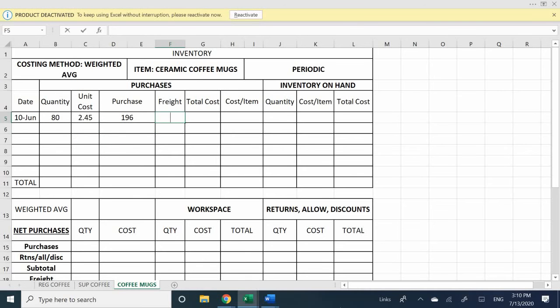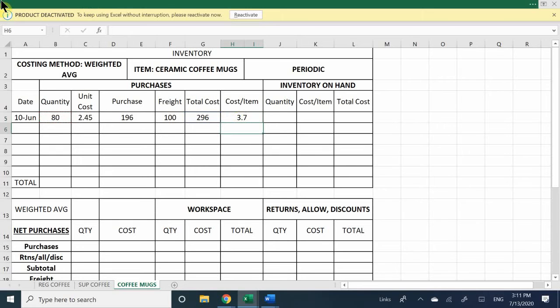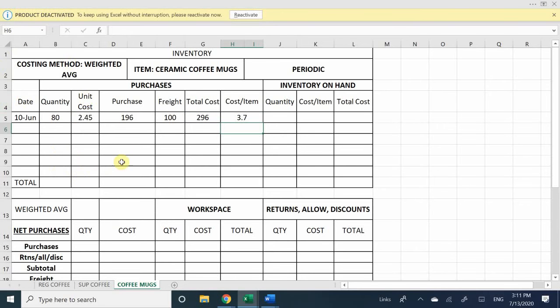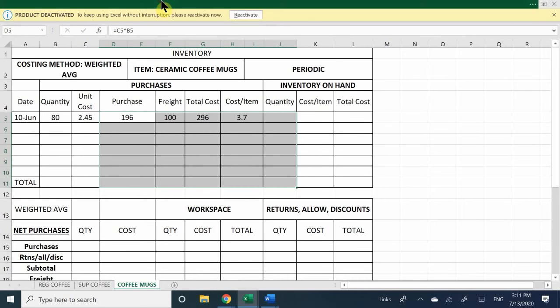And then we had freight, which cost us $100, which should give us a total of 296, my bad. So that's this plus this should give you 296, and then the cost per item is going to be the total amount divided by your quantity, which gives me $3.70 each. Okay, so I'm going to go ahead and indicate that this whole thing needs to be in dollar form.